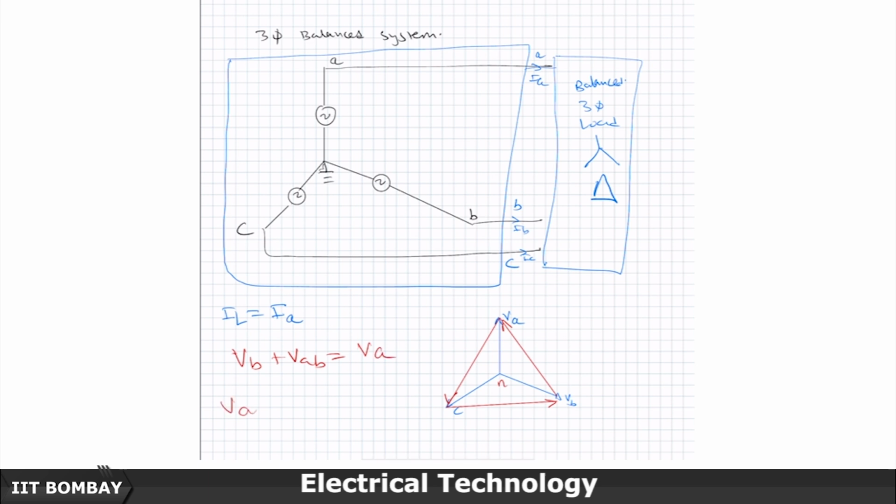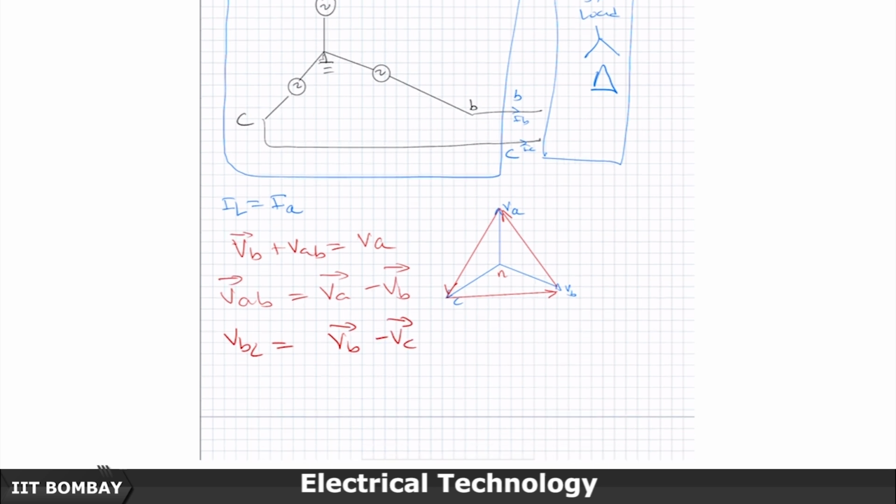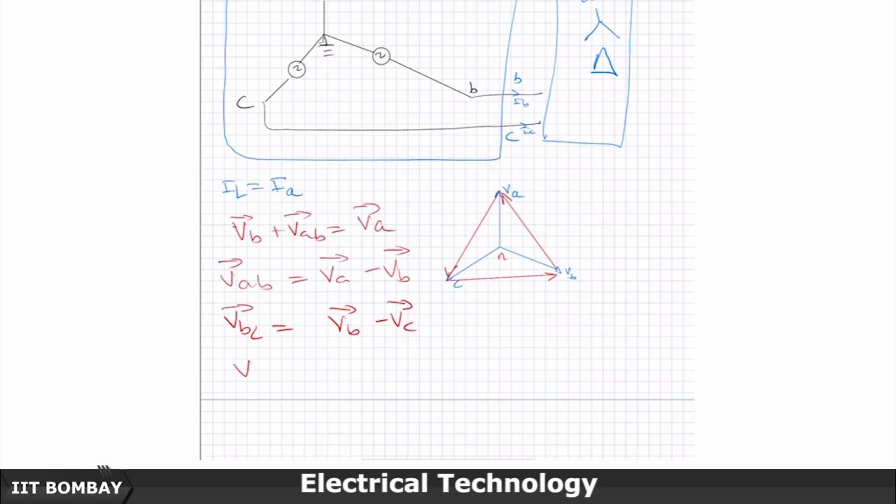In other words, VAB is VA minus VB, VBC will be VB minus VC, and if one is putting arrows as well, one can put it everywhere across, and VCA will be VC minus VA.